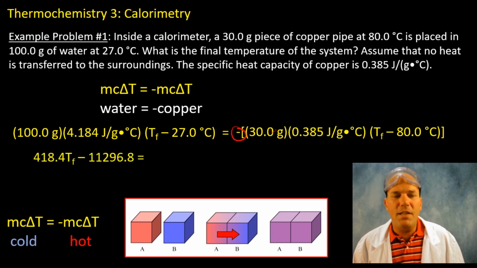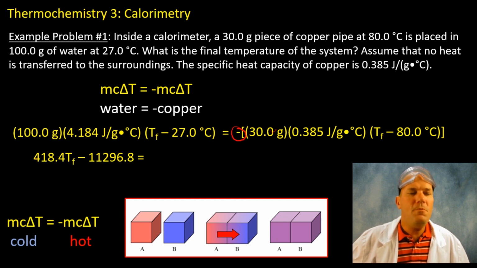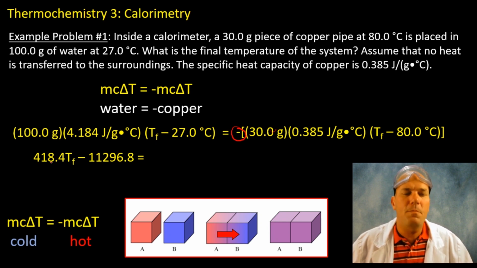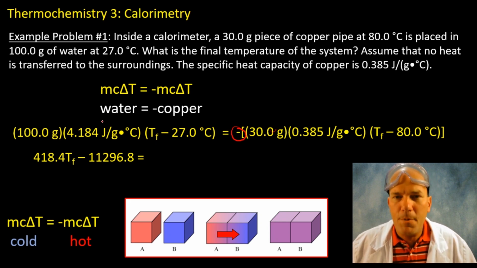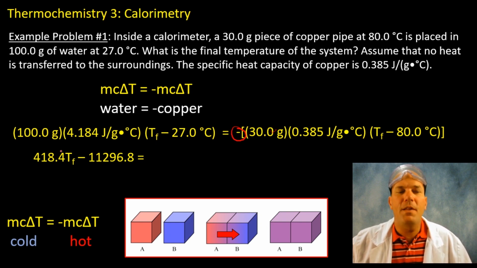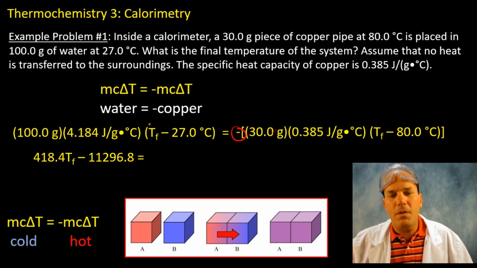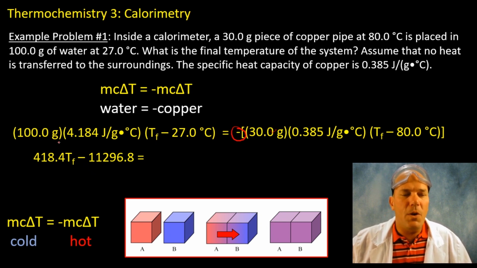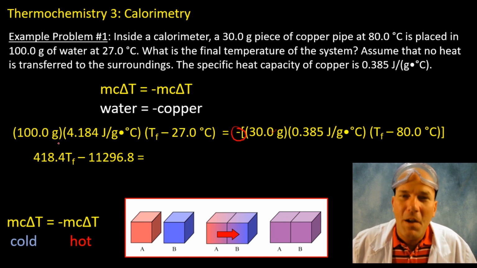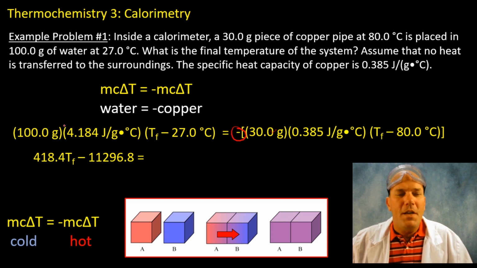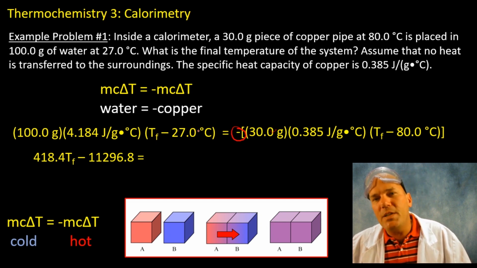On the left side of the equation, you're going to multiply 100 by 4.184, which is where 418.4 comes from. Then you're going to use the distributive property of multiplication. So you're going to multiply the 418.4 times T final. And then including the signage, you're going to multiply the 418.4 now times 27.